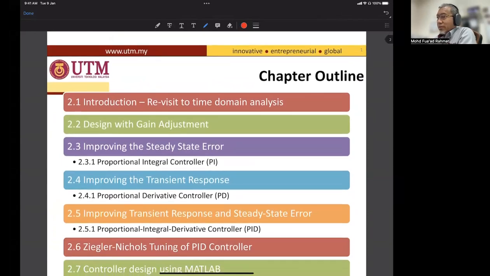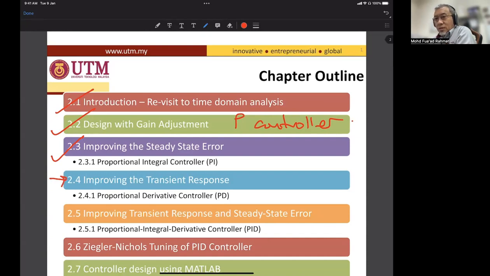So we already went through 2.1 introduction, 2.2 design with gain adjustment or P controller, and the design of the PI controller to remove steady state error. Now we are moving to improving the transient response.